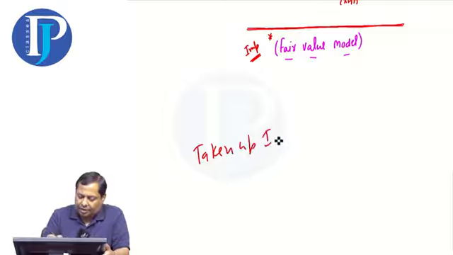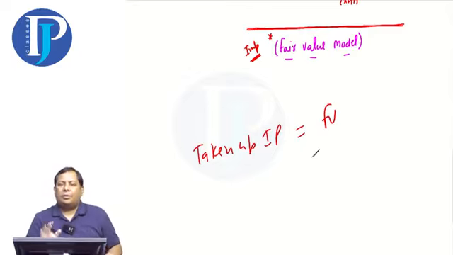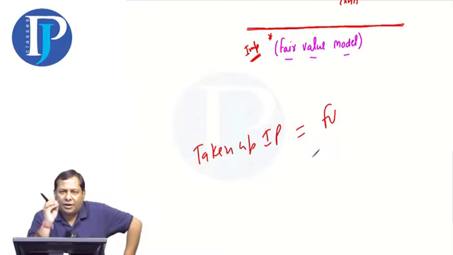So let's assume the taken up IP, and the fair value of this. Fair value means the market value. Well, it's different from the market value. Fair value is the transaction price for those people who are willing to make the transaction. Market value is the demand price which we demand.